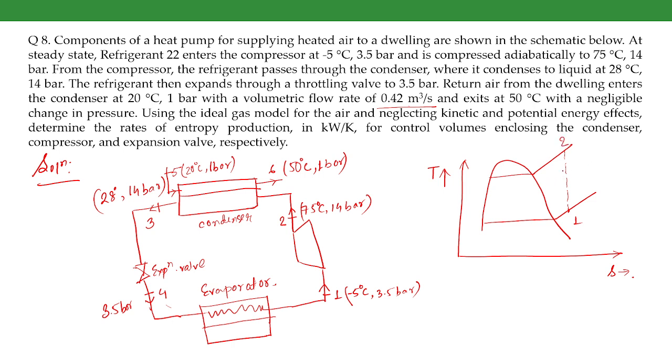So we are just writing it as 2. It may be a straight line, it may not be a straight line. So it comes out at the state point 3, from where there is a throttling. So the throttling will essentially be an isenthalpic process till the state point 4. Okay, so this is the TS plot of the process.